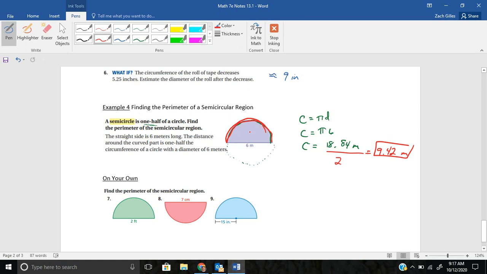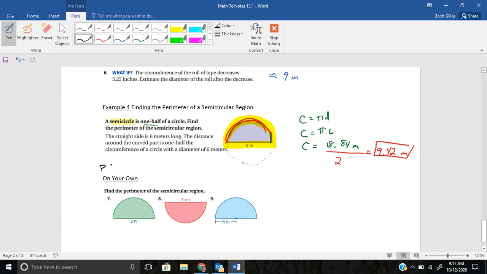If it wanted us to find the entire region, so if it wanted us to go from the perimeter around the whole thing, we'd have to take this semicircle region, which we just found is 9.42, and we'd have to add this bottom section of 6 meters to find the perimeter of the whole.